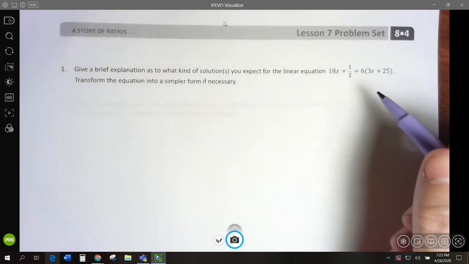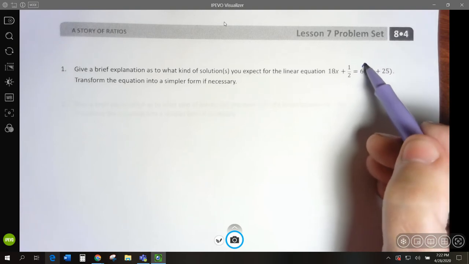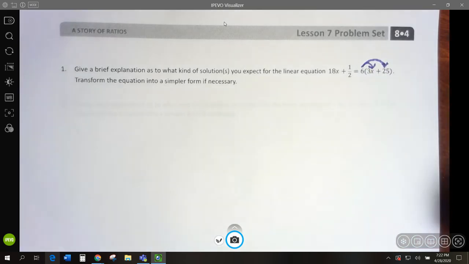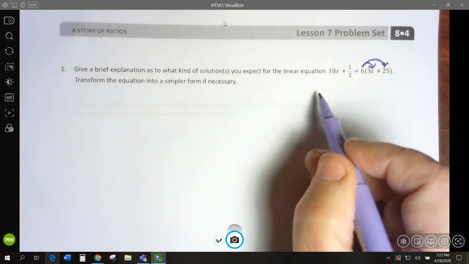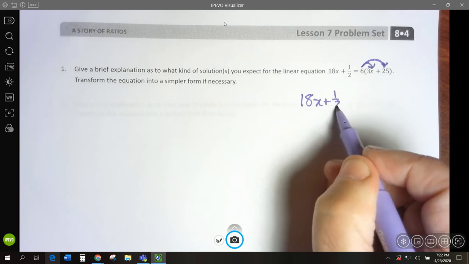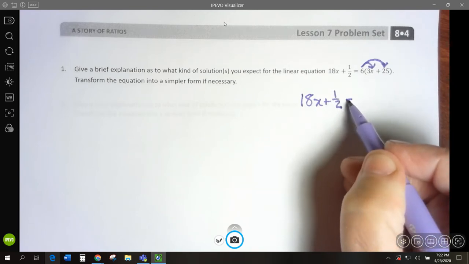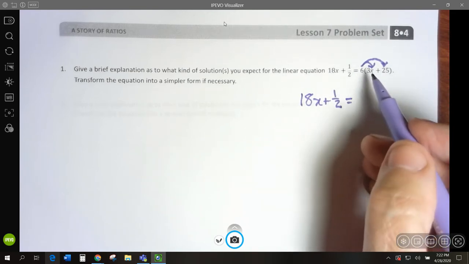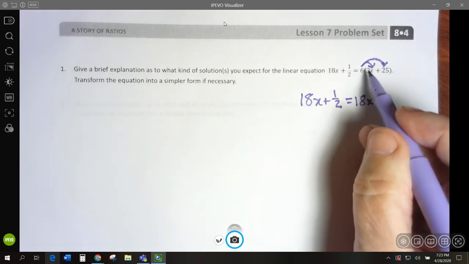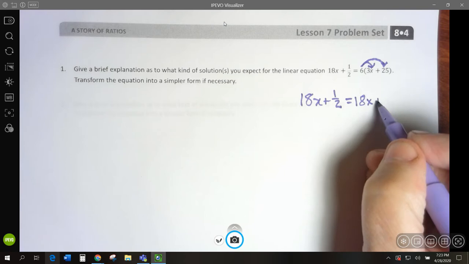So if we look at this right now, we can do the distributive property, right? So we have 18x plus 1/2 equals, now I've got to go 6 times 3, so that is 18x, and then 6 times 25 is 150.